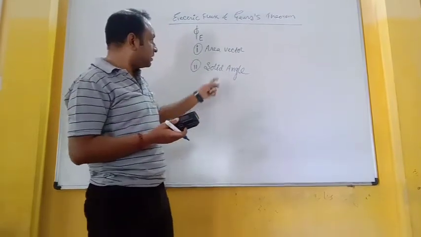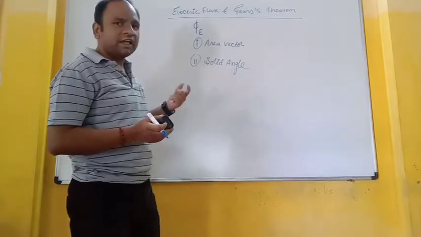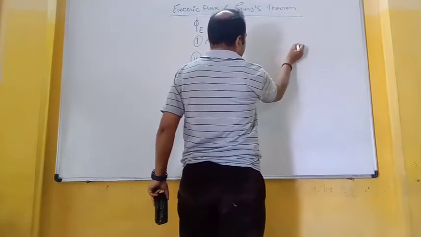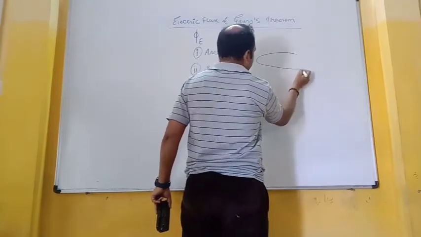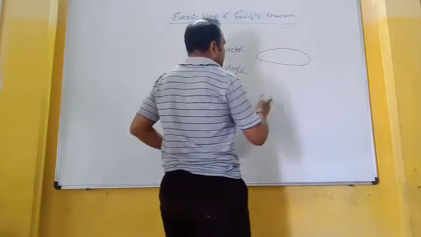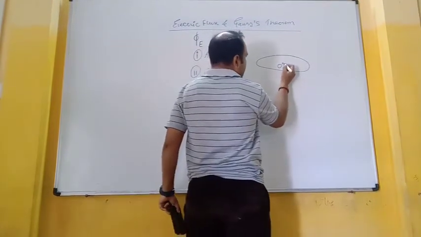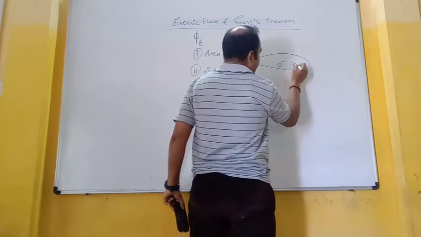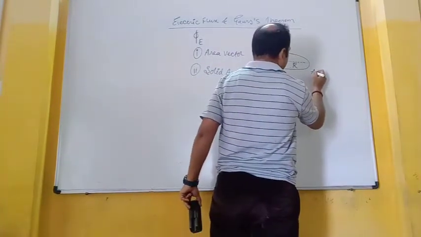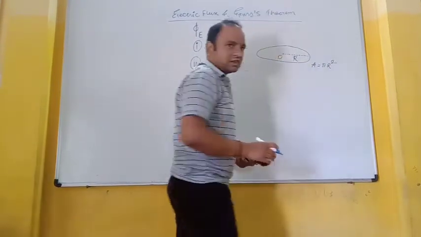Now what will give us a direction? Let us see how we define an area vector. For example, suppose a circle whose plane is perpendicular to this board, and suppose O is the center of this circle and r is its radius. Then of course the magnitude of the area of this circle would be pi multiplied by r square.